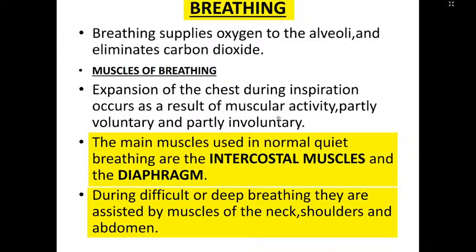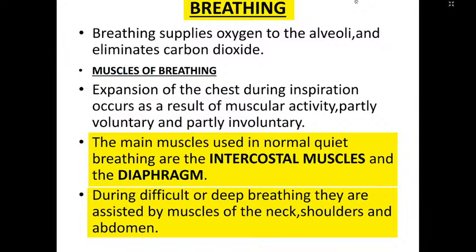So the main muscles used in a normal respiratory process are your intercostal muscles and the diaphragm. When the diaphragm is pulled down, that will help in inspiration. So the superior-inferior diameter increases, your ribs will move up towards the first rib, and they will pivot around the point where they will expand outwards.